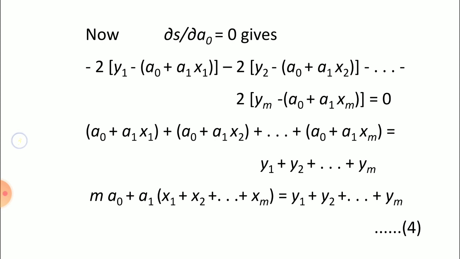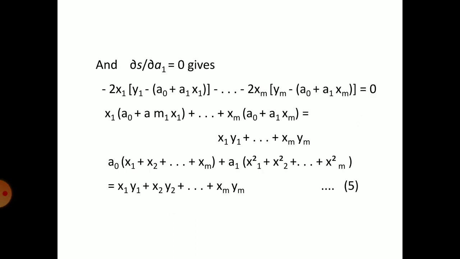Later on we shall see it can be written using the sigma notation. We get equation 4 by differentiating equation 3 with respect to a0. It is a partial derivative. Similarly, we shall differentiate equation 3 with respect to a1, and we shall obtain equation number 5 after simplifying. Now consider the derivative dou S by dou a1 is equal to 0.